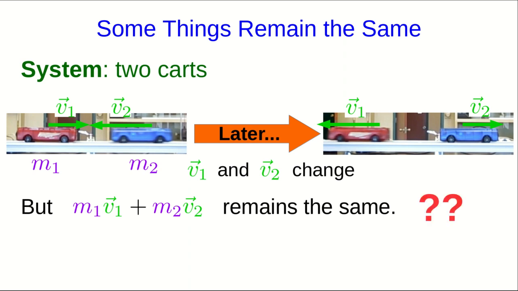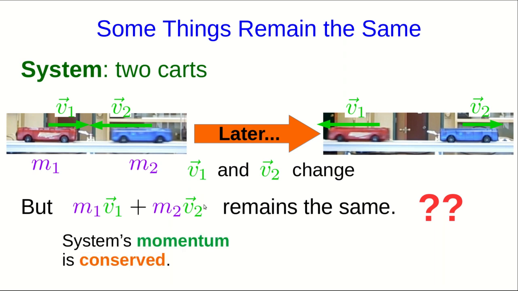Now that's rather curious because notice, both velocities change, but this quantity that involves both of the quantities doesn't change. We say that the momentum of the system is conserved, and this is a useful fact for predicting the outcome of collisions.